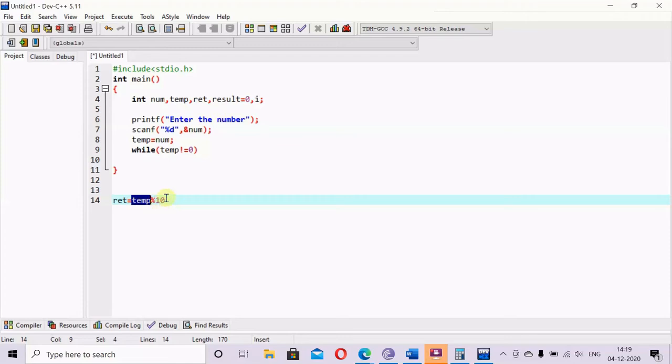We require the remainder. So suppose the user gives 153. If you divide it by 10, which value do you get? Can anybody say? Suppose you have the 153 value. Now this 153 value is modulo by 10. So what remainder will come?